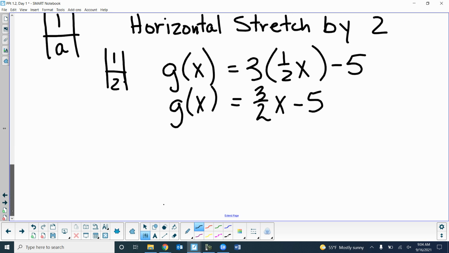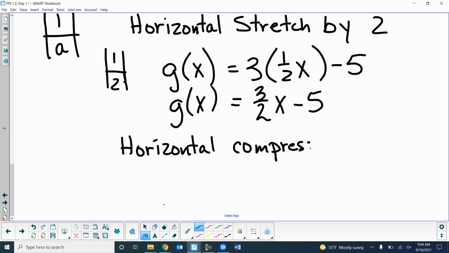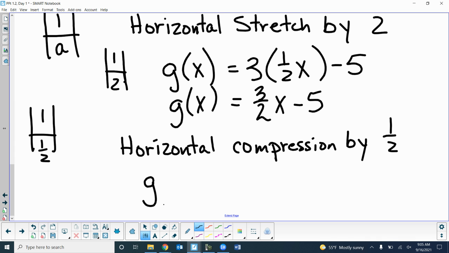All right, so if we did a horizontal compression by 1/2, that's like this, thinking about this, 1 over 1/2. Well, 1 over 1/2 is actually 2. All right? So we're going to use our same function 3 instead of, again, 1/2 x.